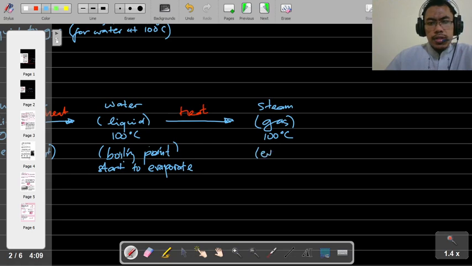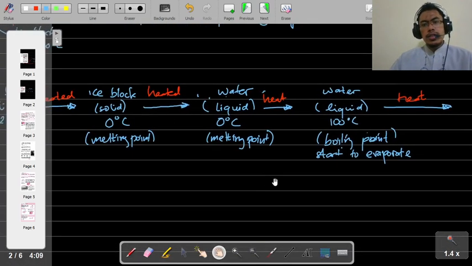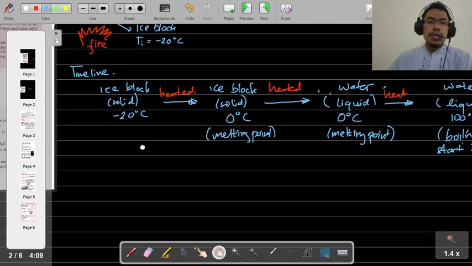And this is the evaporation point, yeah. Okay, so this is the timeline.